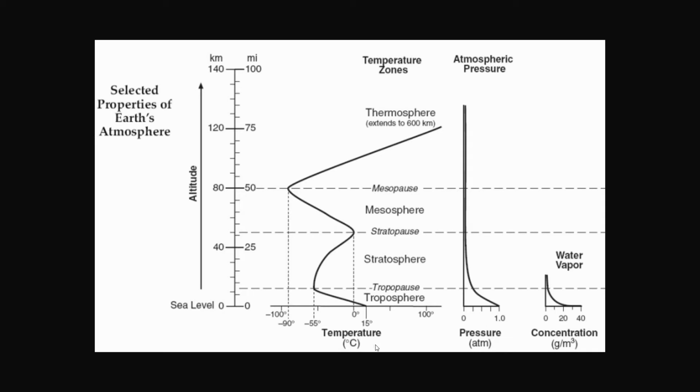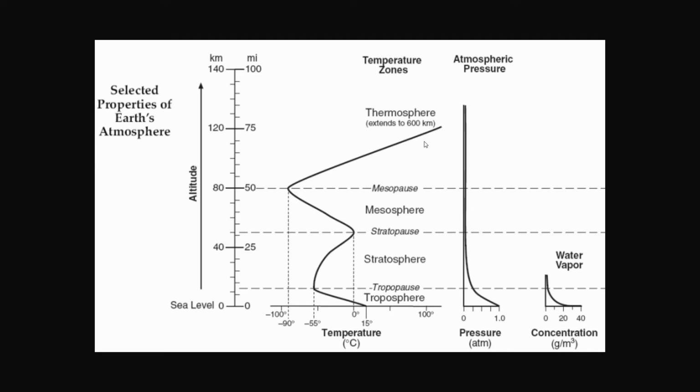Now notice the temperature up here. The temperature is upwards of 100 degrees Celsius or more. That doesn't necessarily mean you will be really hot up there. It just means that the molecules are moving so fast, their average kinetic energy can be scaled at 100 degrees Celsius. But since there's not a lot of molecules up there, they really don't contain a lot of heat energy.